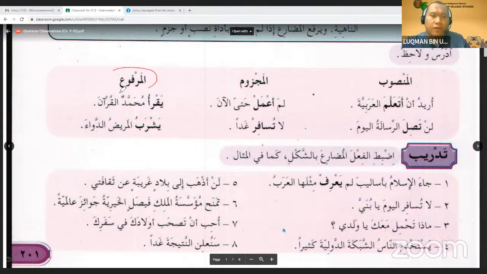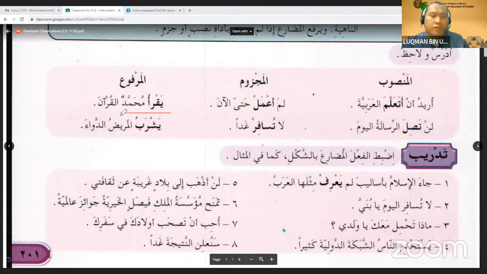Then this is the default, al-marfu', the nominative case. So if the imperfect tense of the verb has not been preceded by any huruf, or what we call tools or particles, it is in its default form. So it will end with dhamma. Let us read the examples. يقرأ محمد القرآن.